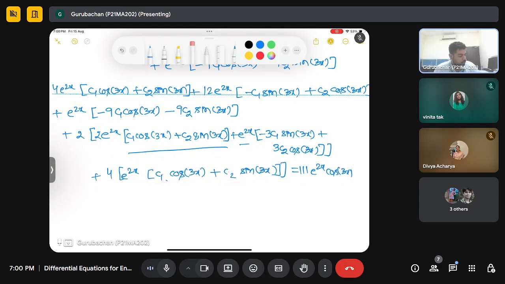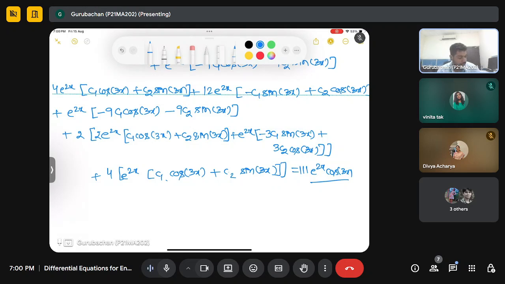It seems a little complicated expression, but it is not like that. If you solve it smartly, there are two factors. One factor is e to the power 2x cos 3x, and another factor is e to the power 2x sin 3x. So you can combine each coefficient and equate and compare the quantities.